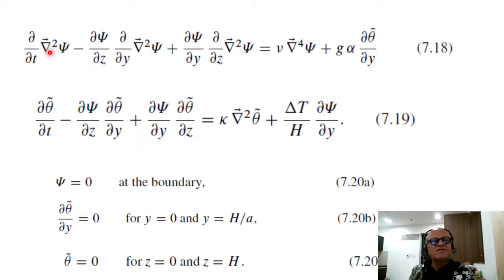So the time derivative term and the advection terms in the meridional and vertical planes equal the viscous term plus the vertical perturbation to the stability term, and the thermal equation becomes this form.